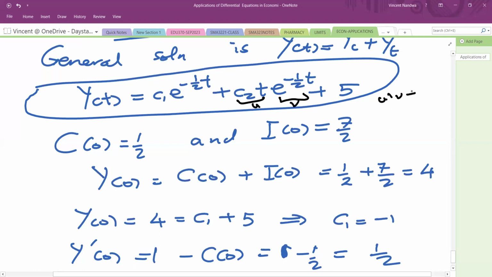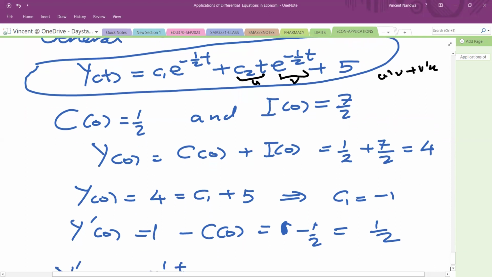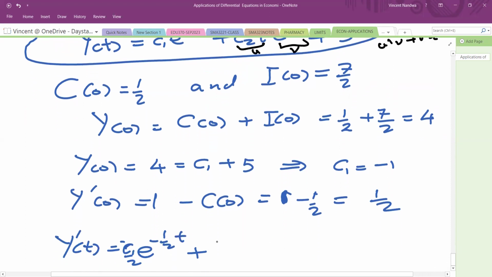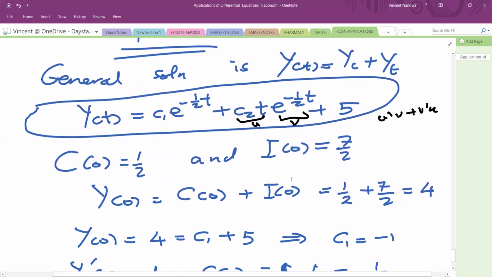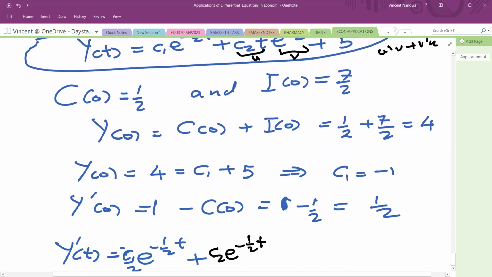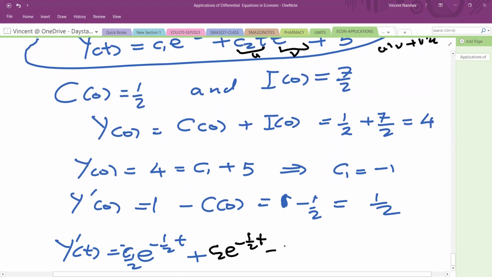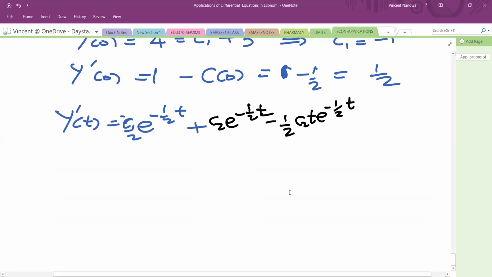So I have u prime v plus v prime u. u prime is just C2, times e raised to minus a half t. Differentiating the v function, I get negative a half e raised to minus a half t times the other one, so I have negative a half C2 t e raised to negative a half t. The derivative of 5 is just 0. So that is our y prime.